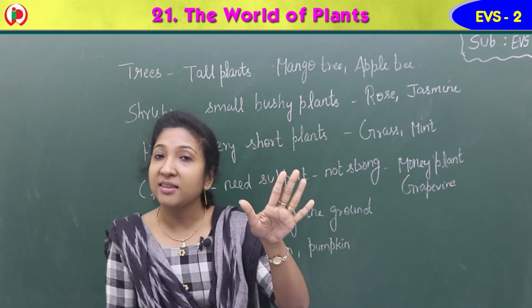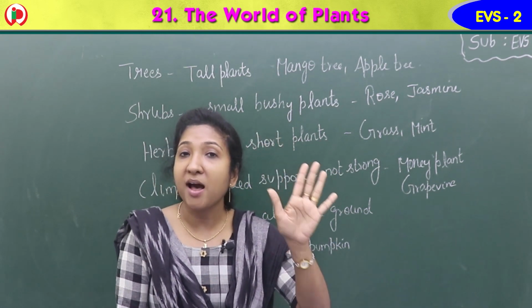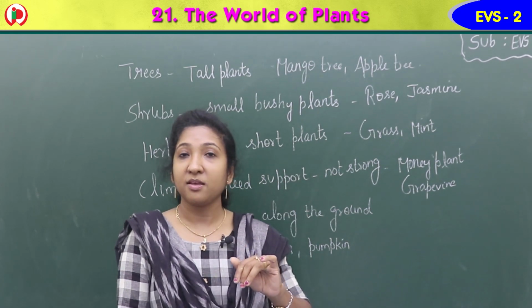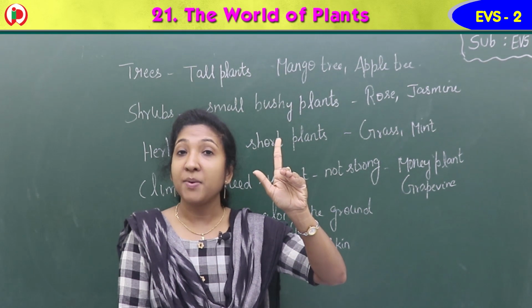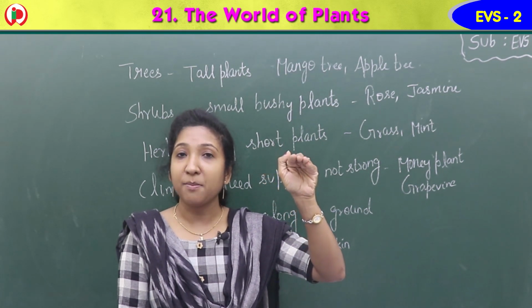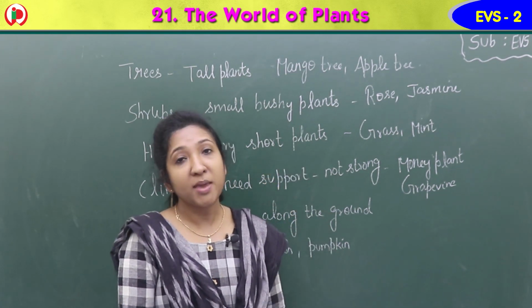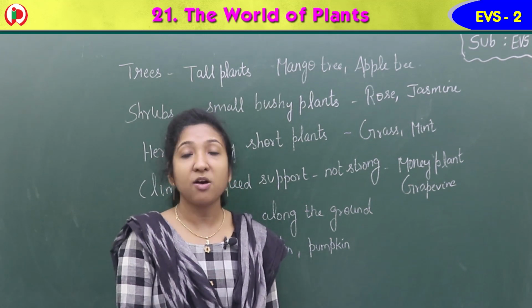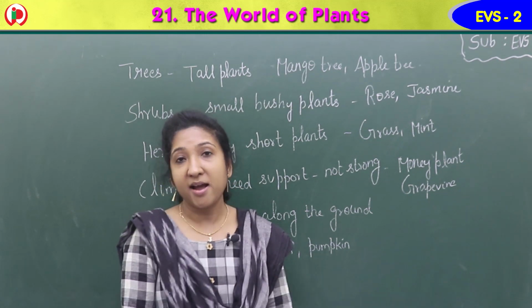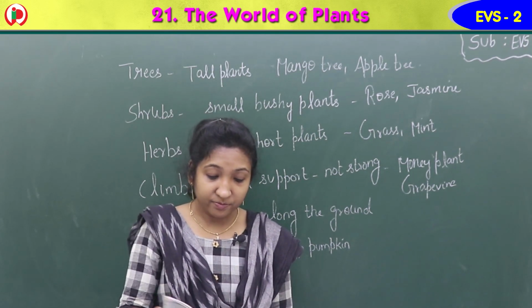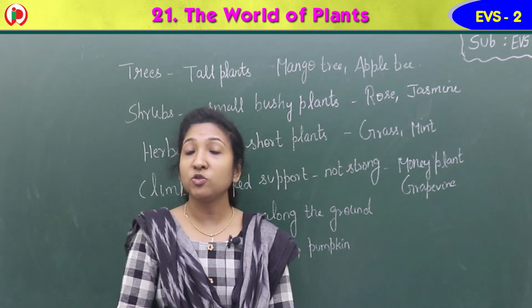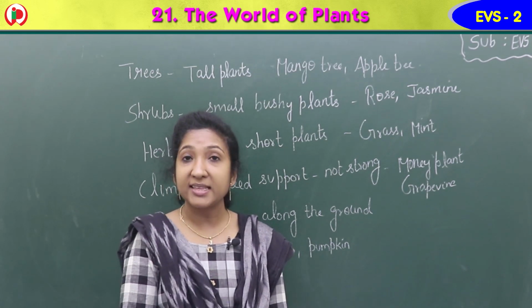So these are the 5 main parts of a tree, isn't it? Roots, fruits, leaves, branches, then stem or trunk are the main 5 parts of a tree or parts of a plant. Yes. Children, so what value do you learn from the lesson?